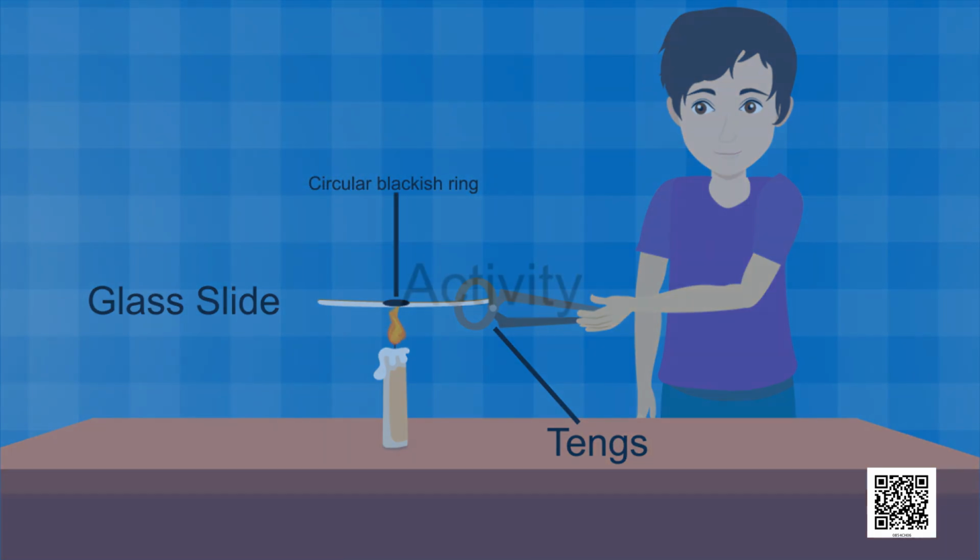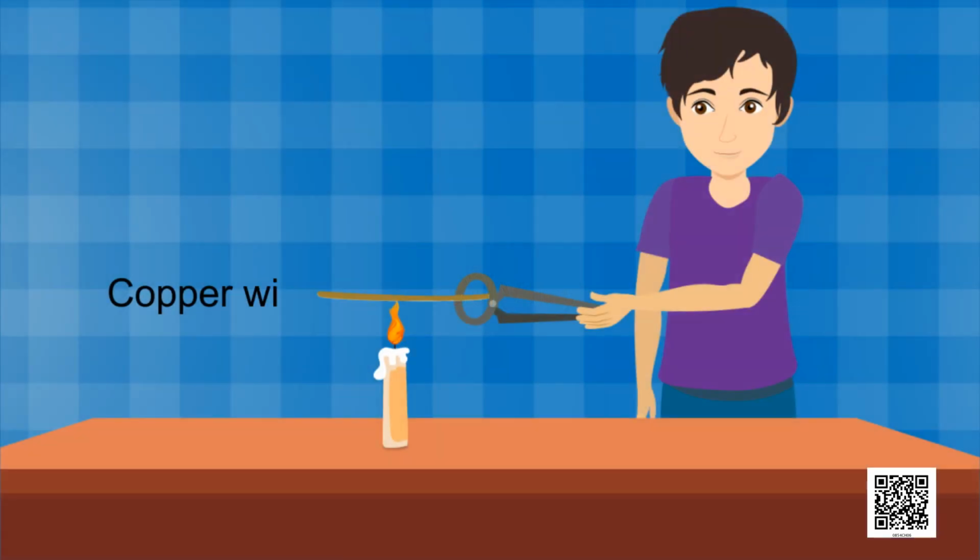Let's do another activity. Hold a thin, long copper wire just inside the flame for about 30 seconds. You will notice that the portion of copper wire just outside the flame gets red hot. It indicates that the non-luminous zone of the flame has a high temperature.